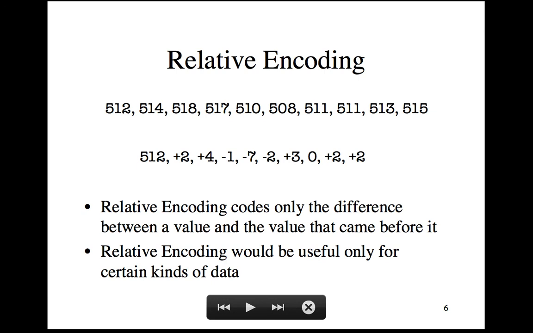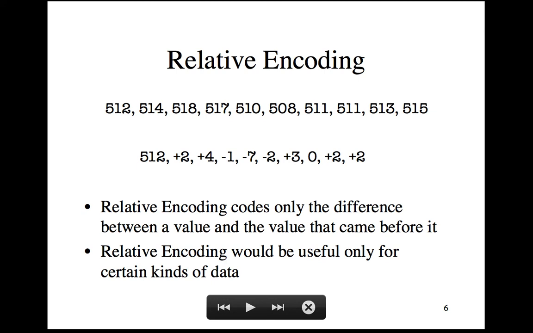And what we do is we say, well, it starts with 512. Take that 512 and do plus 2, which will give you 514. Then do plus 4, and you get 518. Do minus 1, and you get 517.